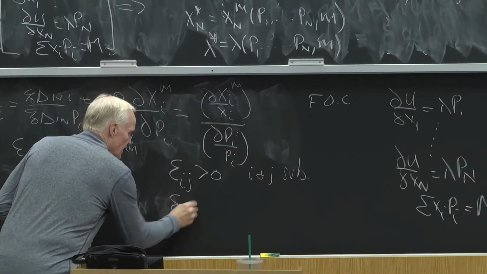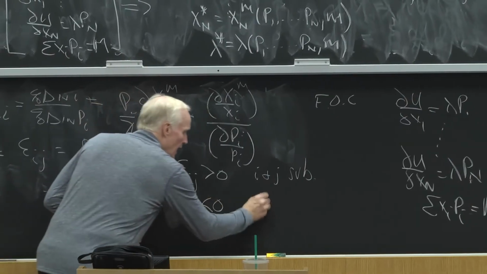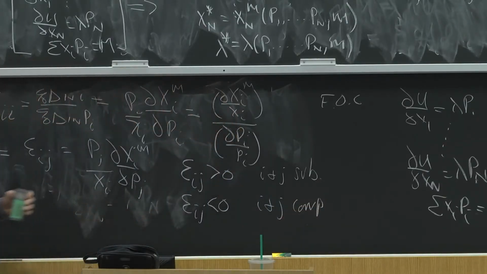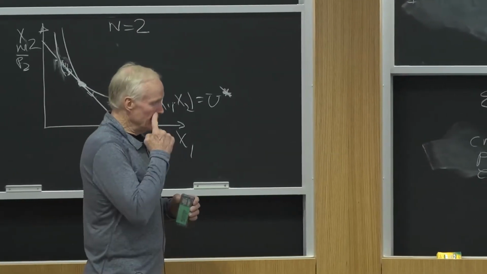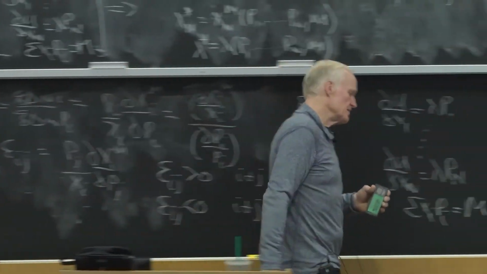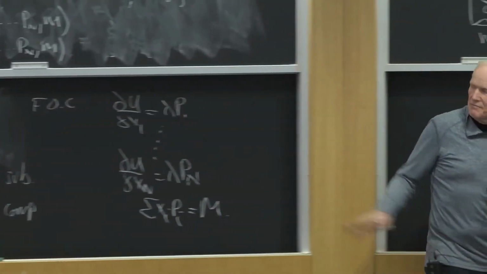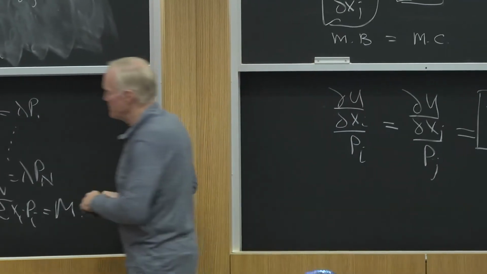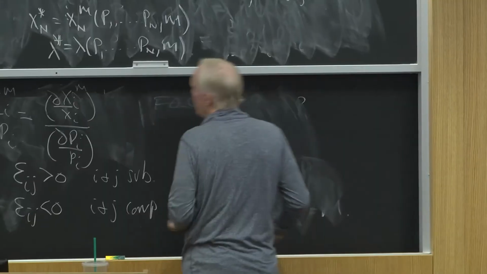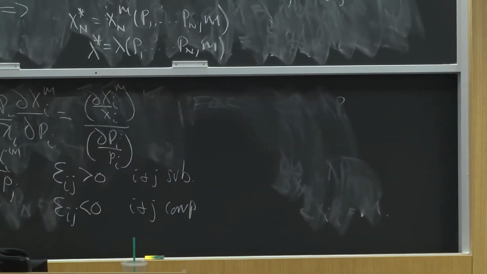Epsilon ij less than 0, i and j are complements. And we'll talk a lot about substitutes and complements. That's the language that we use in economics. Sometimes people do it in terms of Marshallian, sometimes they don't, but we'll come back to that later. Any questions that people have?